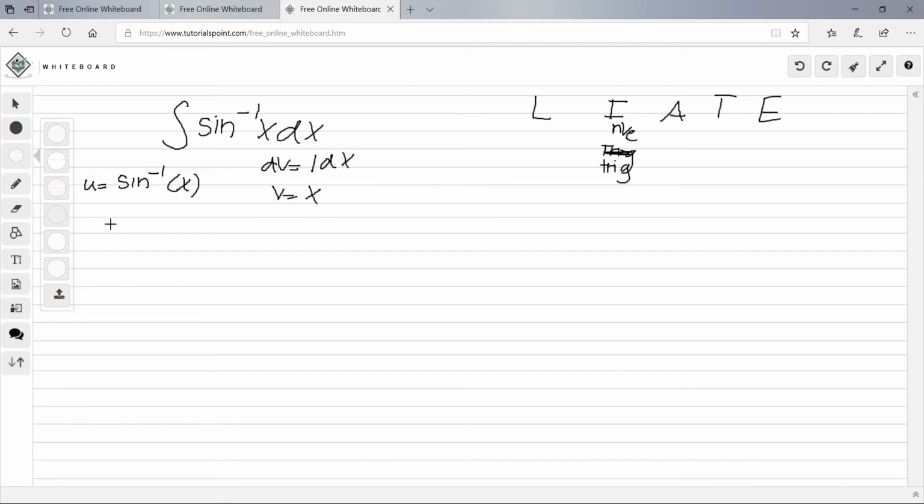And then take the derivative of u, or du. Remember the derivative of sine inverse is a formula, so it's 1 over the square root of 1 minus x squared dx. Good. Okay, so what is our u and our v?